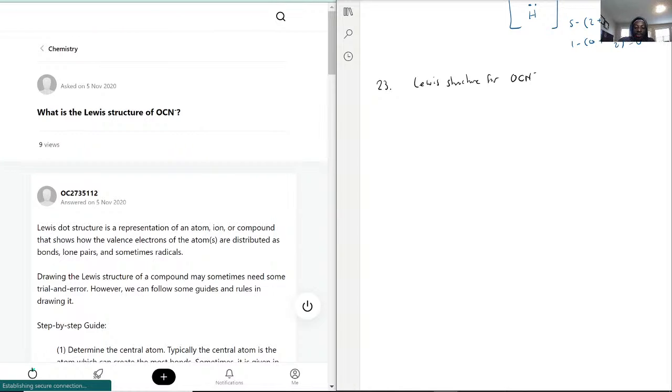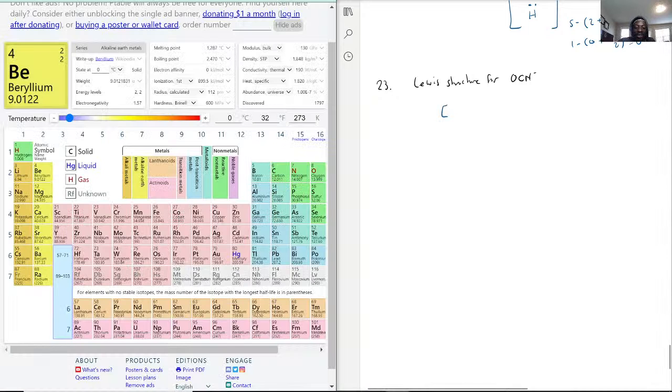Looking at the periodic table, it's all nicely after the helium. So oxygen is 2s2 2p4, carbon is 2s2 2p2, nitrogen is 2s2 2p3.